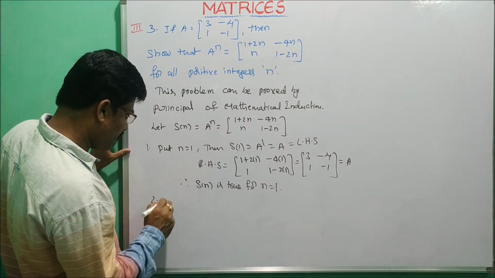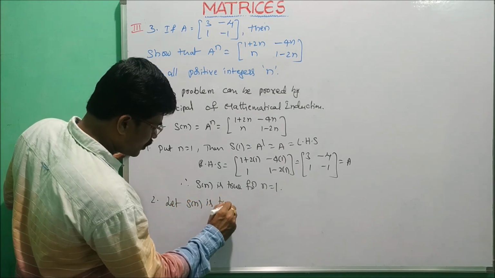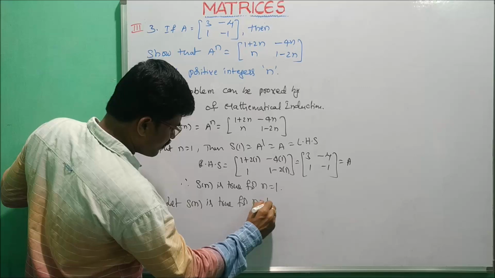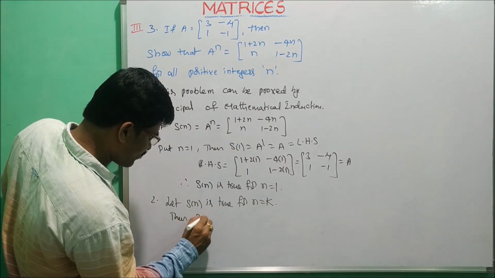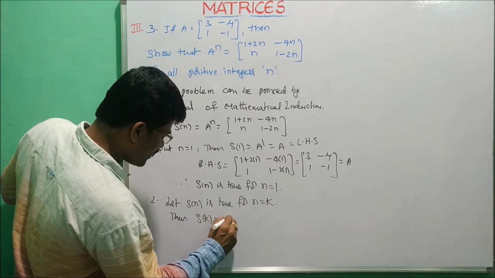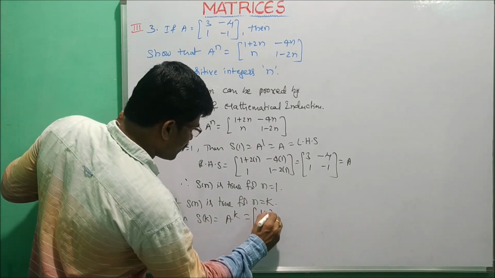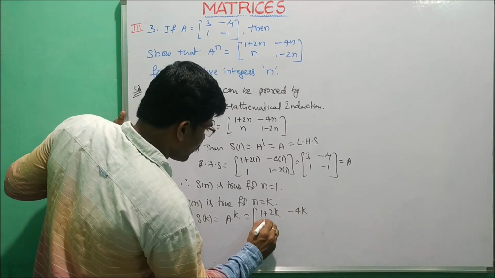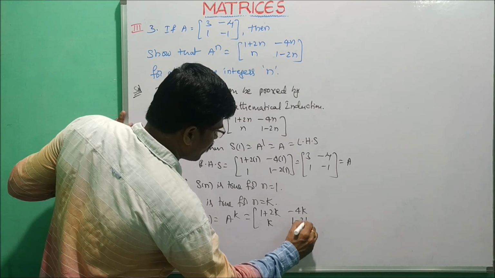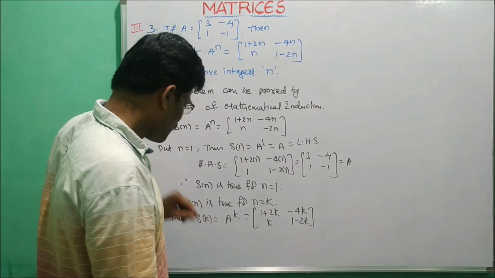Now the second point is, let S of n be true for n equals k. Then S of k, here we write A power k, equals 1 plus 2k, minus 4k, k, 1 minus 2k. Here n is replaced by k.